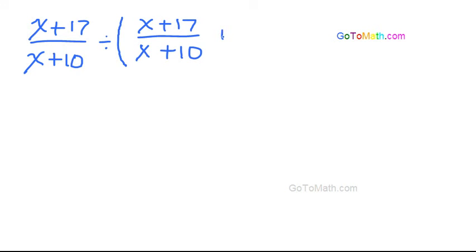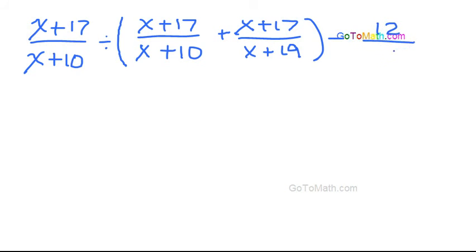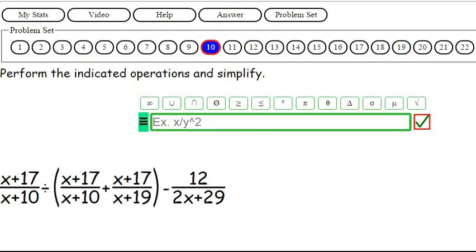I'm thinking you shouldn't have any problems here. Plus 17 over x plus 19 minus 12 over 2x plus 29.